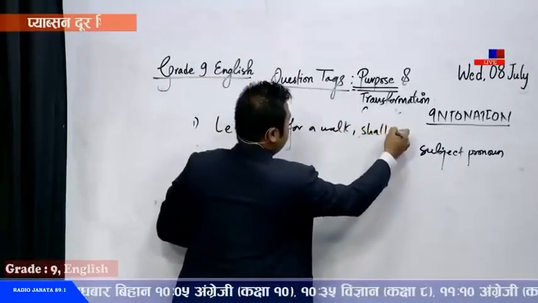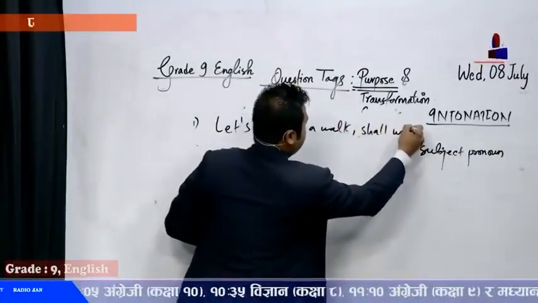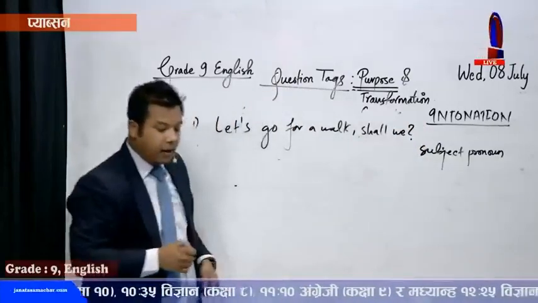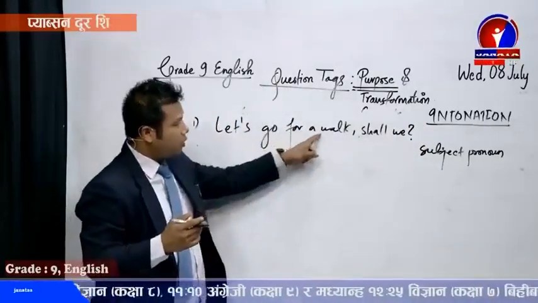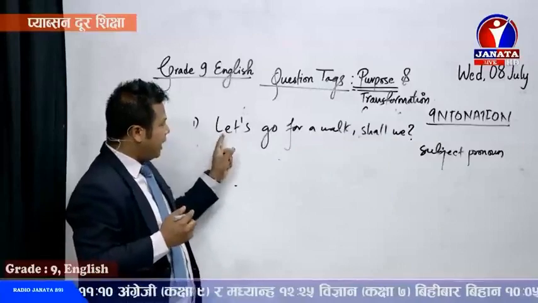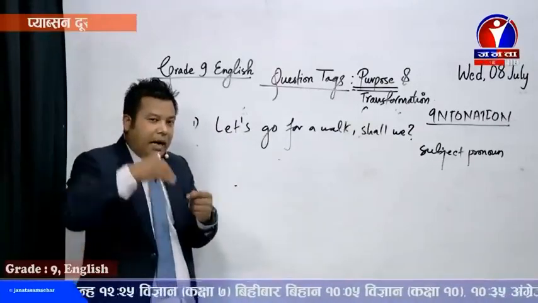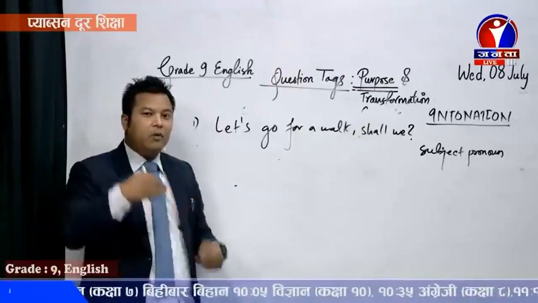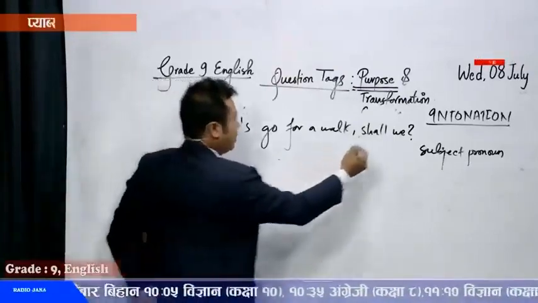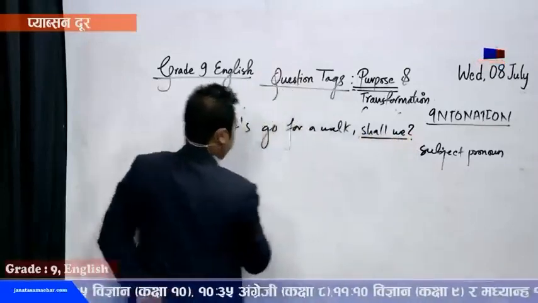The tag that I use is shall we. Why shall we? Because I have used let's and I have included myself. So I have made an agreement along with me with somebody else I'm talking to. That was why I use shall we.